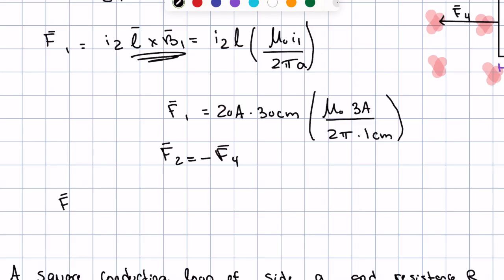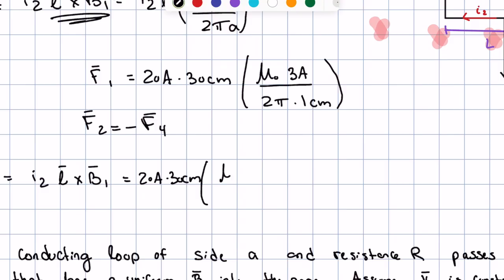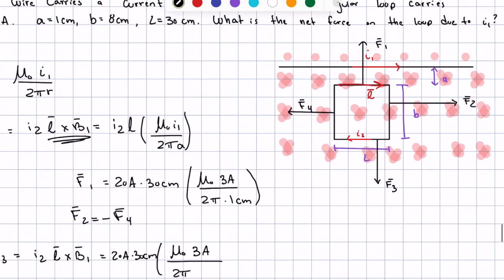Now F3 is going to be equal to I2L cross B1, where similarly it's going to be I2L, where L is just the length, and I guess I can put the actual values in. So I2 is 20 amps times 30 centimeters, because here we're talking about this one right there, and then it's going to be mu naught times 3 amps divided by 2 pi, and then the only thing that's different is this distance here.